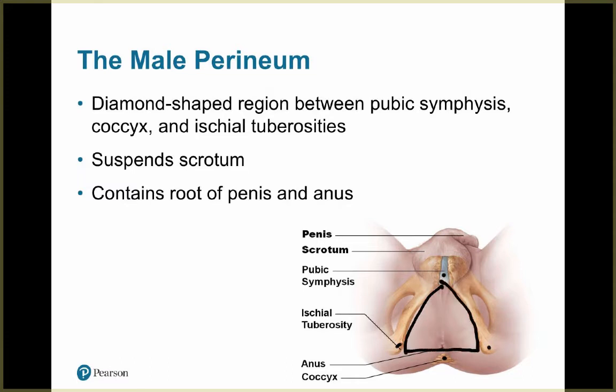This is the reason why we talked about bone structure in part 1, because it helps you start getting some reference points when we talk about the anatomical structure in other parts of the body. This area contains the root of the penis and anus, and it's the area where the scrotum is suspended. So that's the area just on the outside.